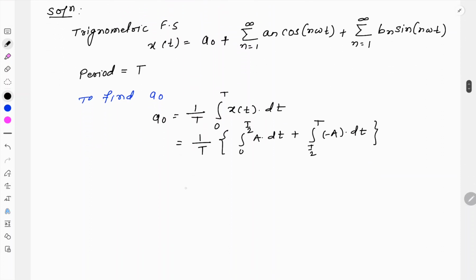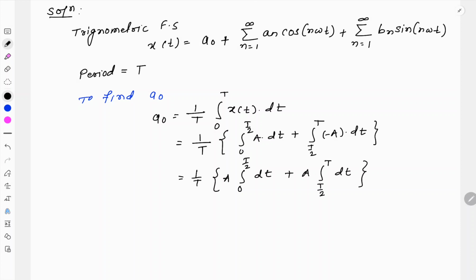If we simplify this equation, we have 1 by T, then A can be taken common. From both the integrations, A into integration of 0 to T by 2 dt plus A into T by 2 to T dt.